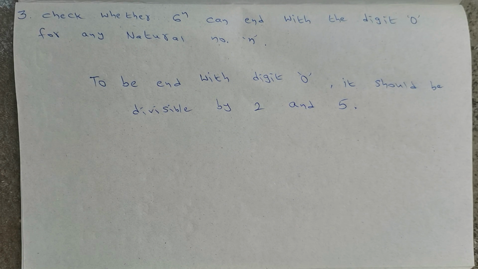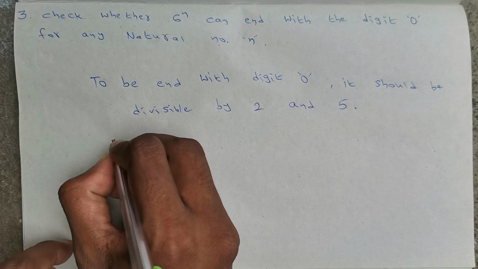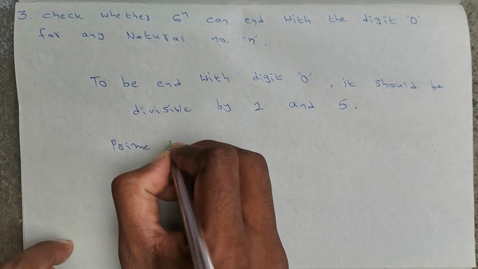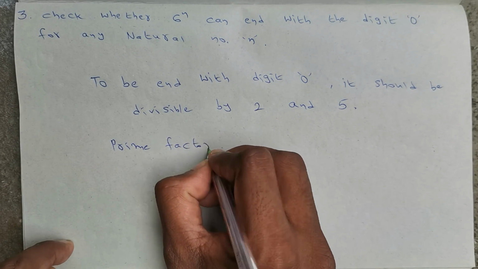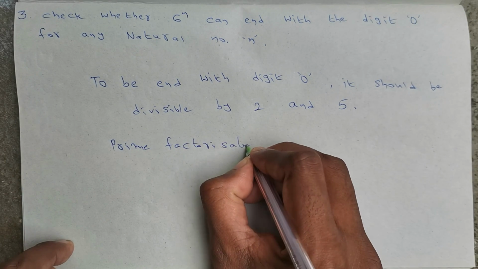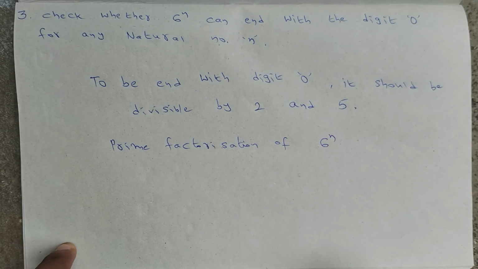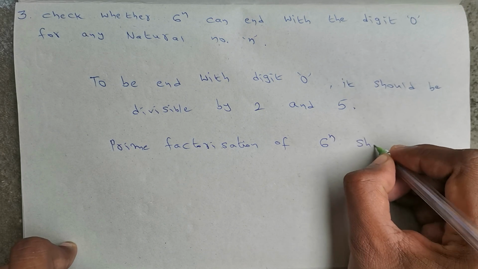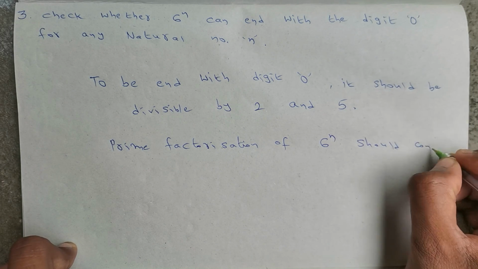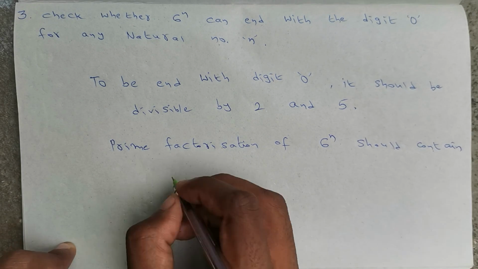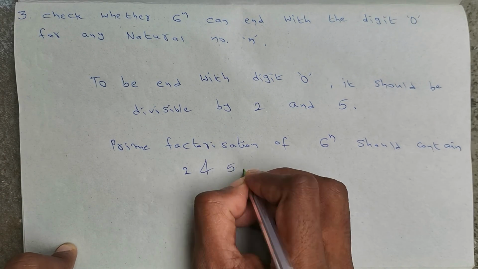Any number, if it should end with the digit 0, means compulsory it should be divisible by 2 as well as 5. So it means the prime factorization of 6 power n should contain 2 and 5.